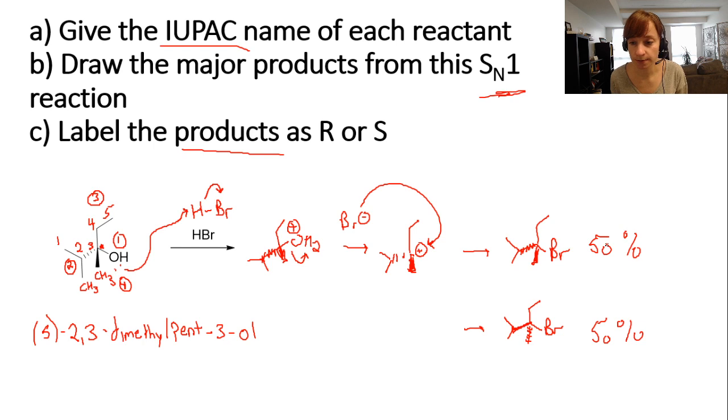So then this one is still S. Whereas the other one, because we flipped the stereochemistry, automatically is R. So you can just make that connection without having to go through the priority groups all over again.